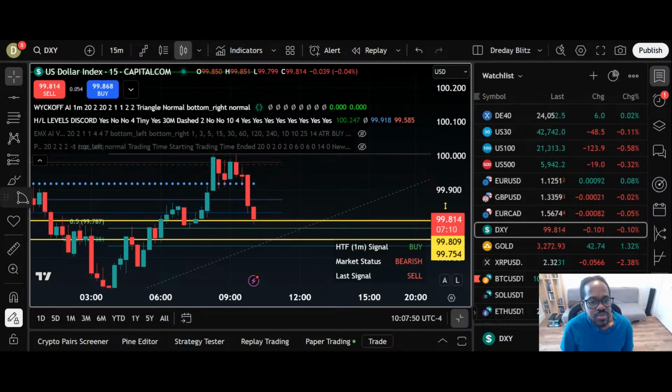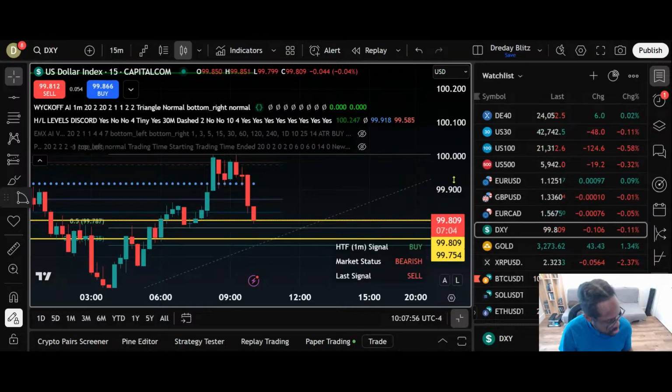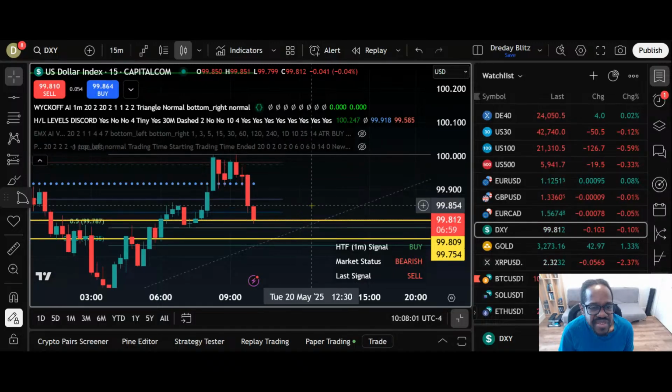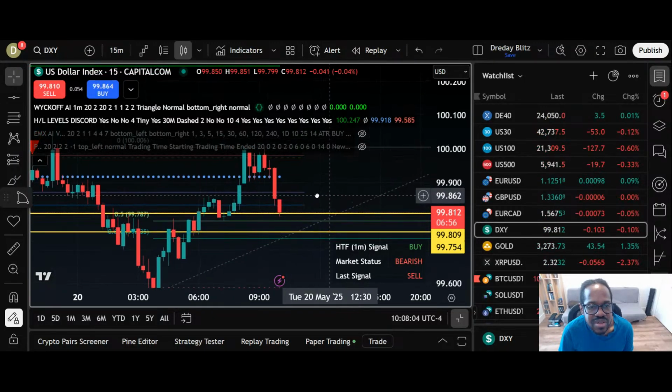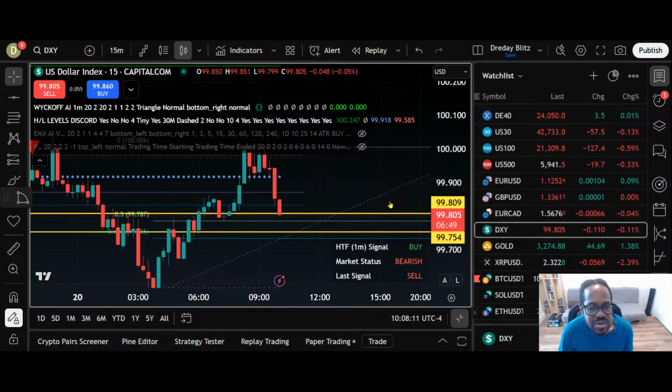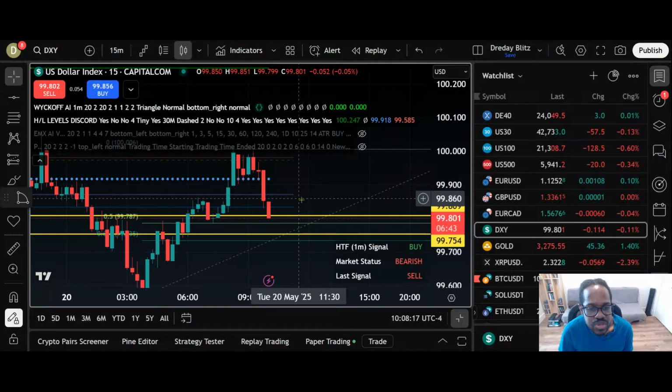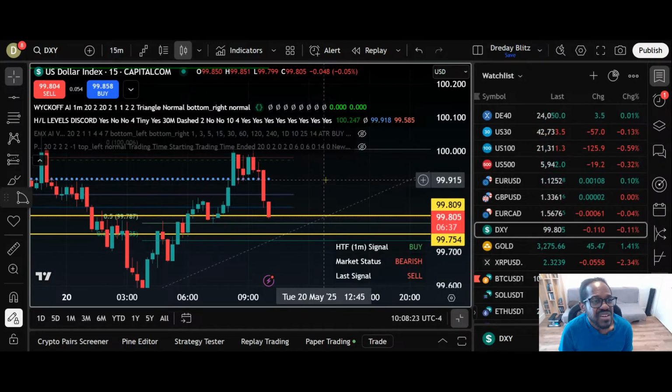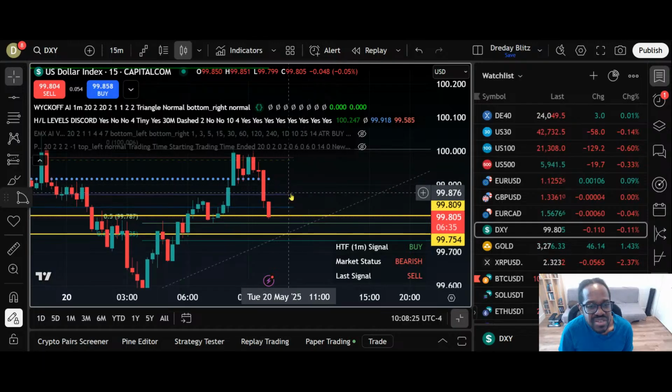I'm just gonna wait a couple minutes here to see exactly what that DXY wants to do. It's really on that level right now, so it may start to break it. If so, waiting for the 61.8 to be reached, and maybe starting to revert. Yeah, it just broke that 50% right now on that 15-minute chart, but it may hold.